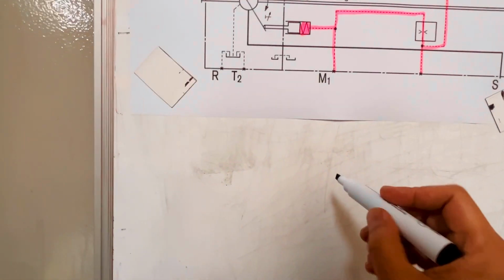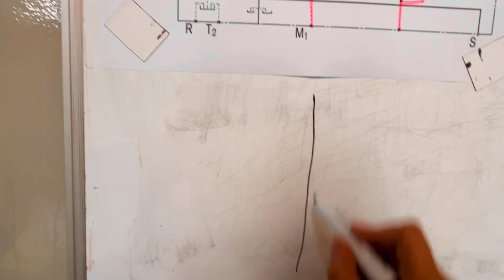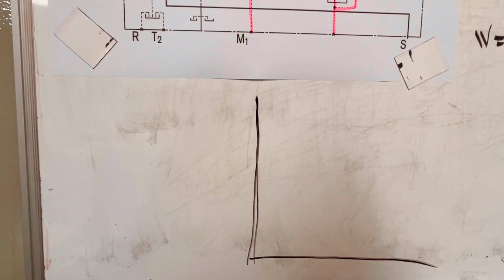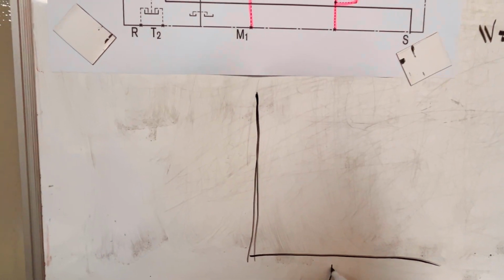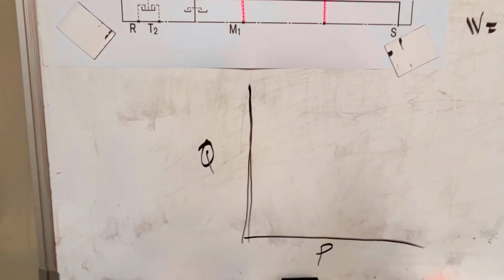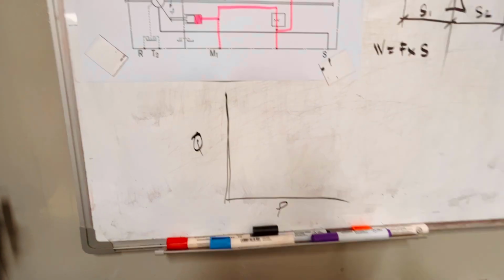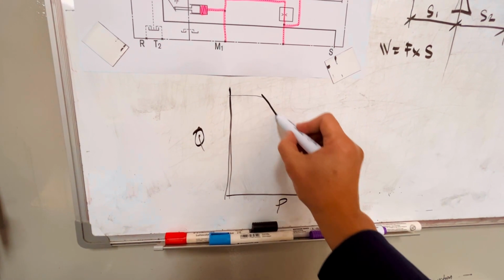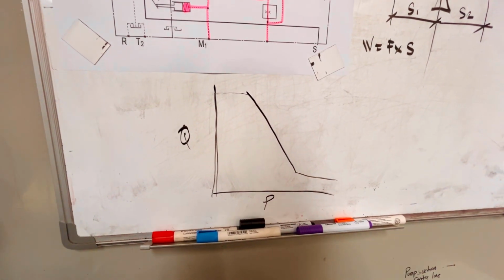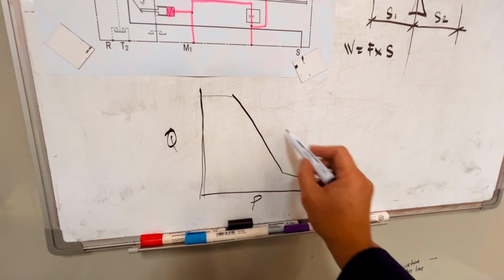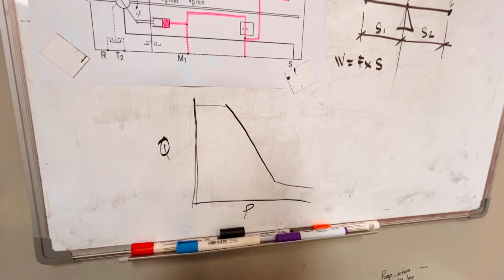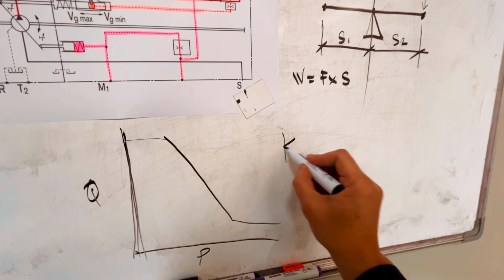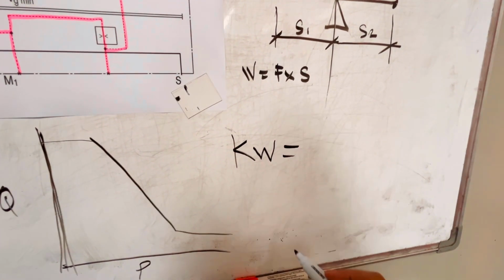This is pressure and Q. Too easy, guys. So it regulates here and then goes to minimum. This is your horsepower curve, or kilowatt curve, or power curve. Remember kilowatt, so let's go kilowatt because it's too easy.